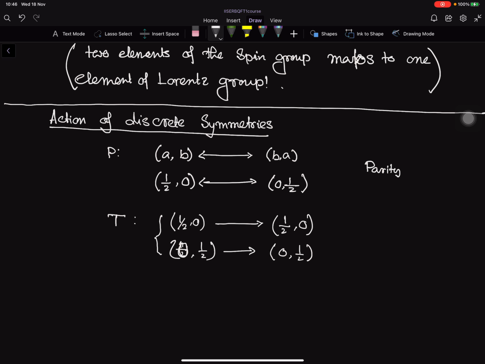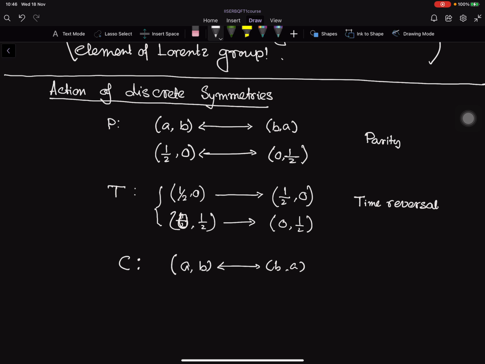Now let's do charge conjugation. So this is time reversal. Under charge conjugation, again (A, B) goes to (B, A), which essentially means that left-handed spinors go to right-handed spinors and right-handed spinors go to left-handed spinors.